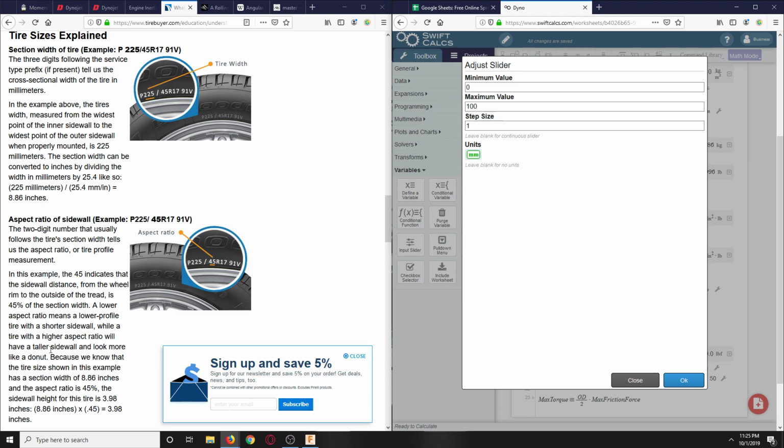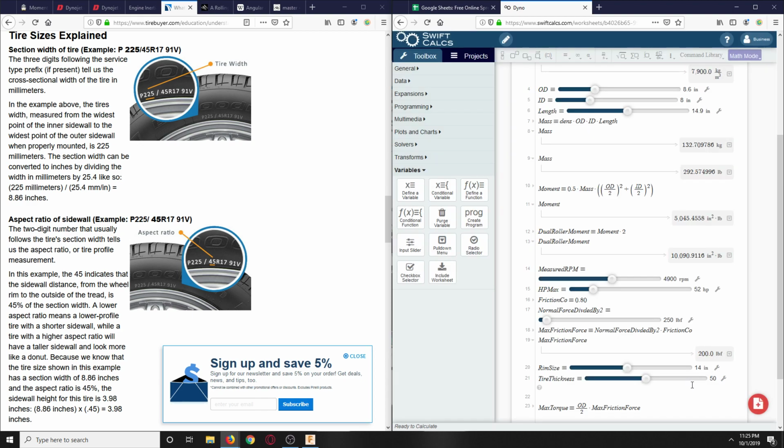The tire size shown in this example has a section width of 8.86 inches. The aspect ratio is 45. I believe that's this 225. 225 millimeters to inches is 8.86 inches, and 45, so here times 0.45. So this is going to be unitless there.